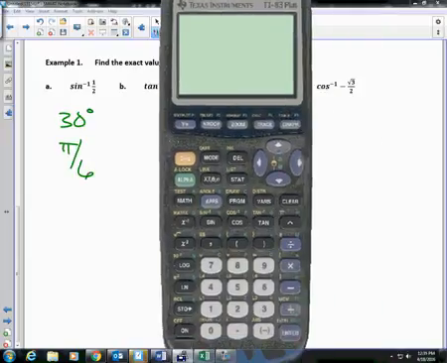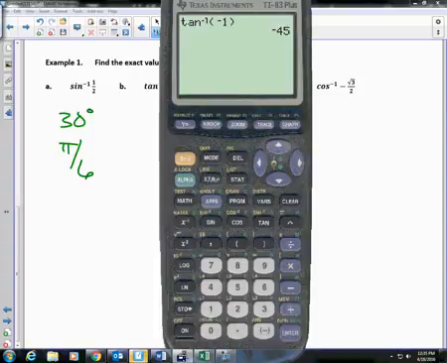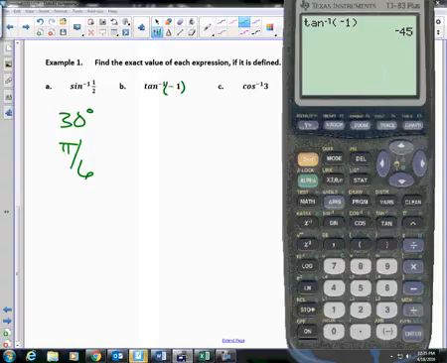So I take tangent inverse of -1. I get -45. The output for arc tan is going to be between -90 and +90 as well, just like sine. So we get -45 degrees, which is the same thing as -π/4.